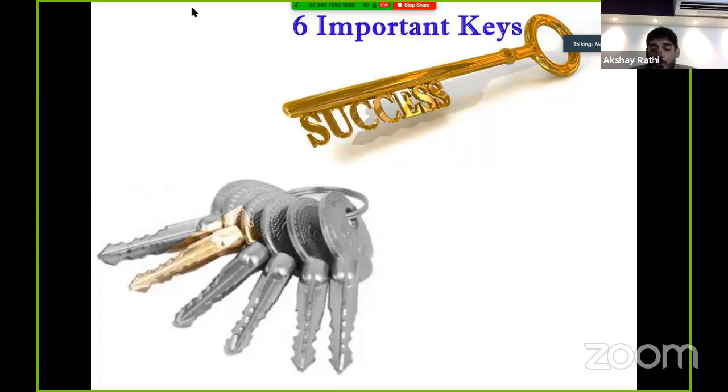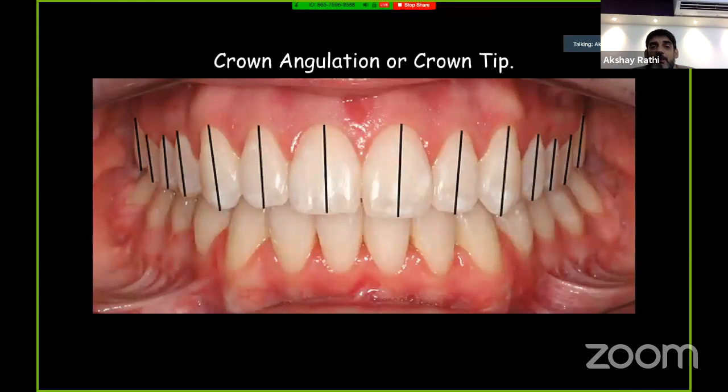Let me come to the second highlight of the normality, which is that the teeth are not parallel to the midline. Even when you have done teeth setting, you have given the teeth a mesial tip. So the teeth have a mesial crown tip. And because the teeth are joined to the roots in the natural dentition, the roots go distally.